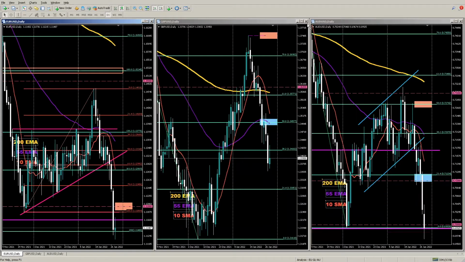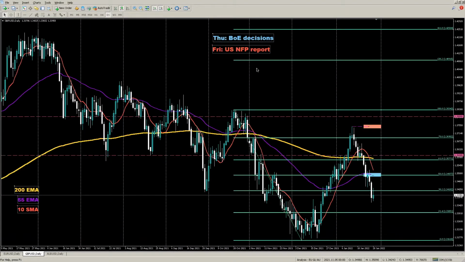Let's move on to the cable, where this week all three central banks are making their announcements, having their meetings. The ECB, the Bank of England, and also the RBA, just after the FOMC last week. So the Bank of England is also announcing on Thursday, just before the ECB.